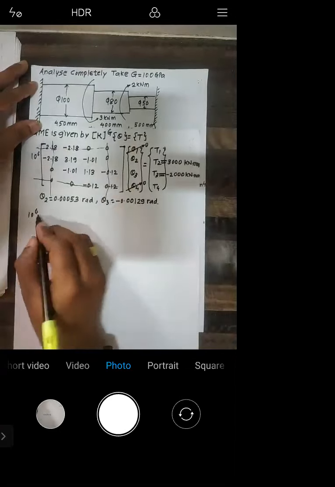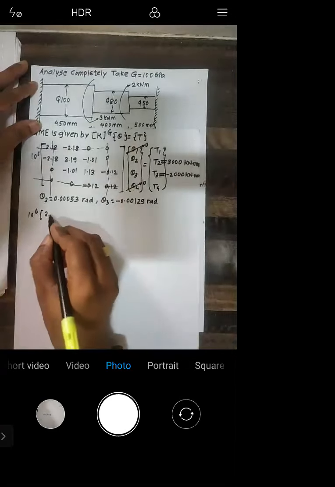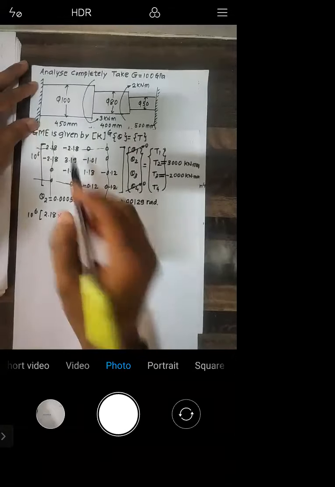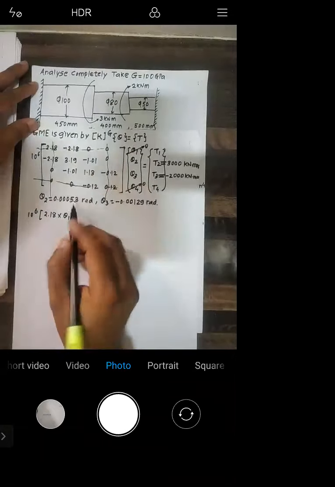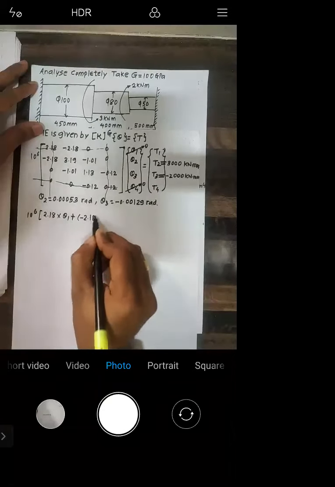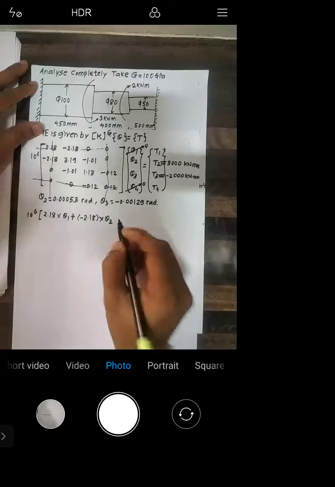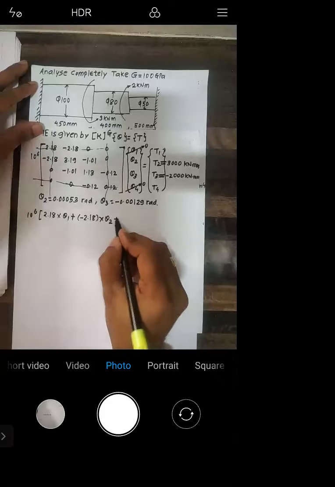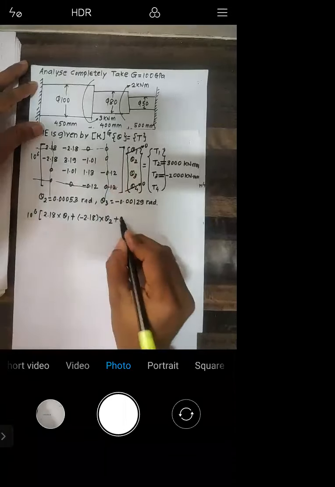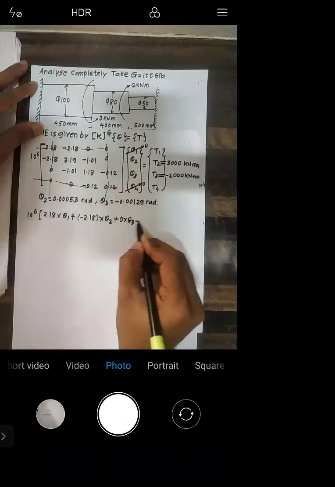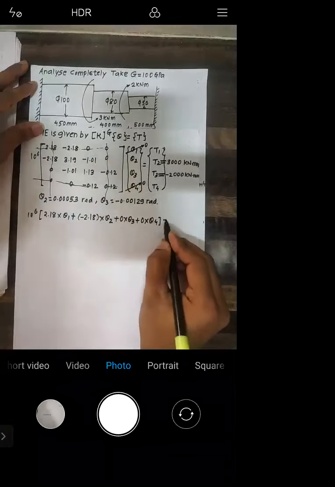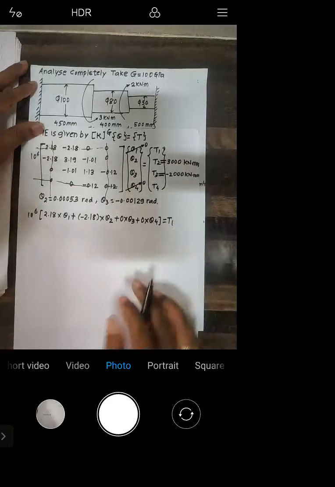So this is 10 raised to power 6, 2.18 into theta 1, plus minus 2.18 into theta 2, plus 0 into theta 3, plus 0 into theta 4 is equal to T1. Is it okay?